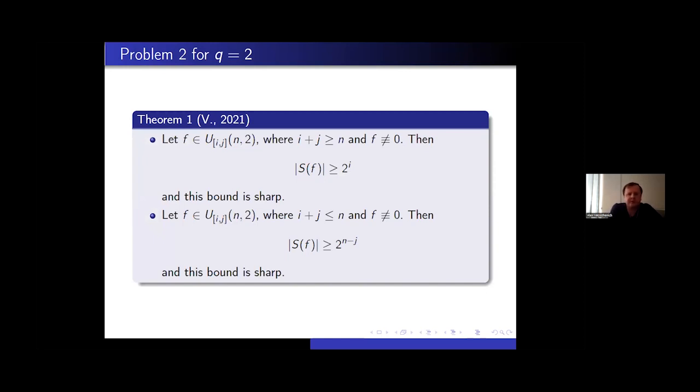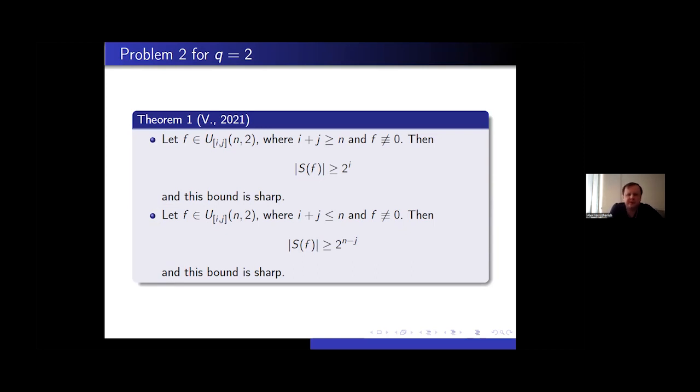Let me recall the lower bound for this case. In this case, we have the following theorem. Let f belong to the space U i,j, and let i plus j be less than or equal to n, and f has at least one non-zero value. Then the support size of f is greater than or equal to 2 to the power i.